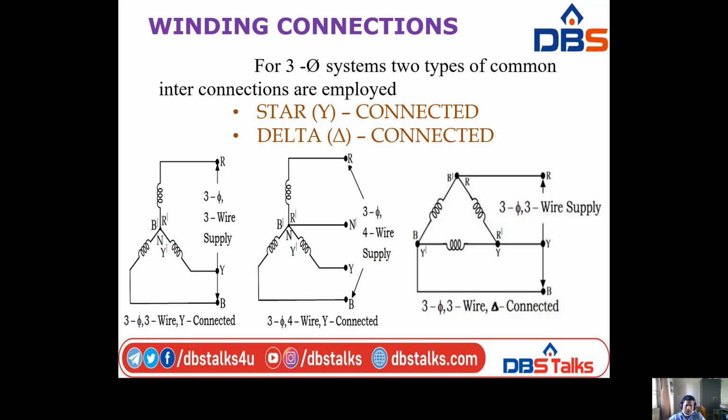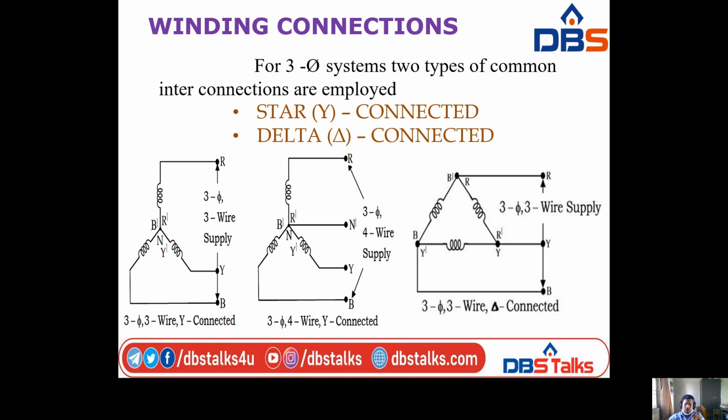Look at the figure. We have 3 phases R, Y, B. One side of the R phase is connected to the line, and the other side of the R phase is connected to the neutral, one common point. Similarly, the B phase is connected to the line on one side and to the same common point on the other.